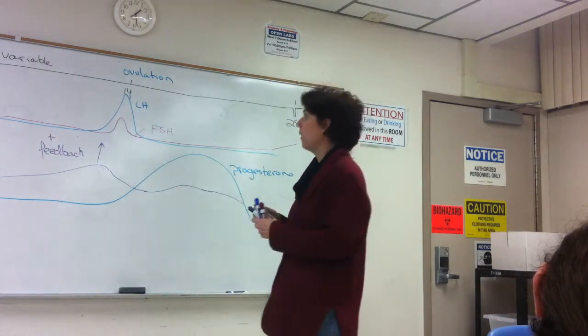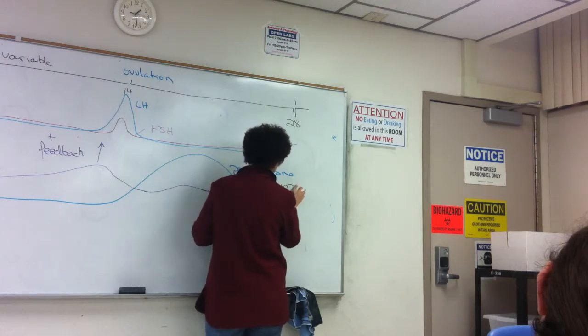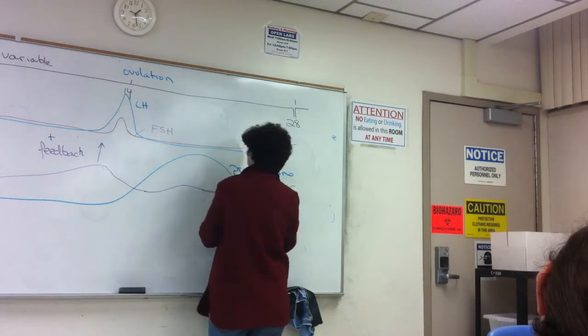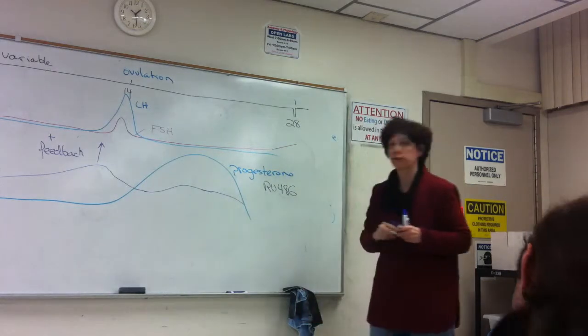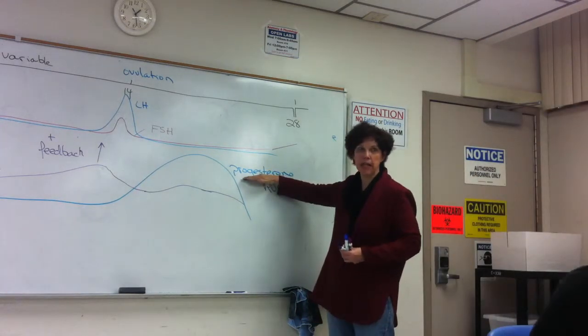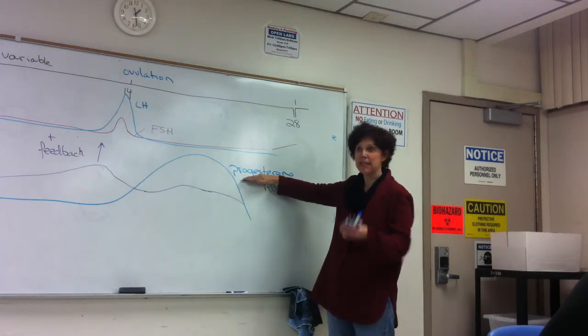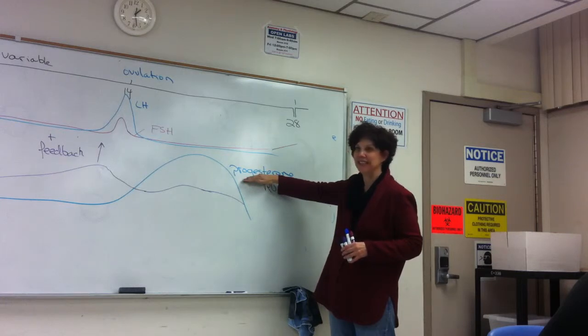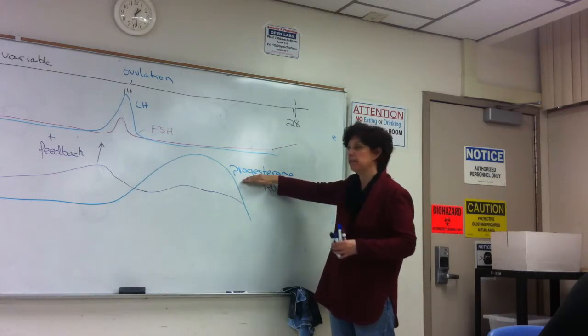This was developed in France, so it's sometimes known as the French abortion pill, RU486. That works by blocking progesterone receptors. It doesn't prevent fertilization, doesn't prevent ovulation, doesn't prevent implantation.